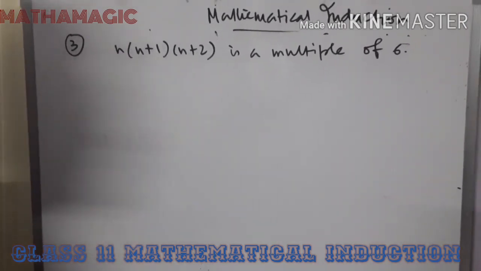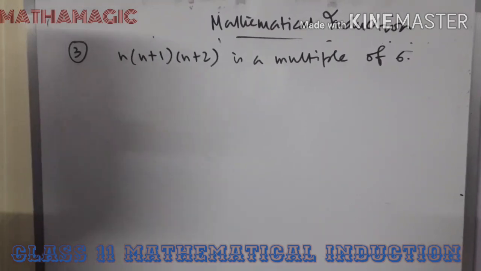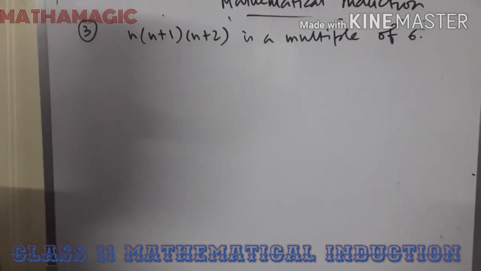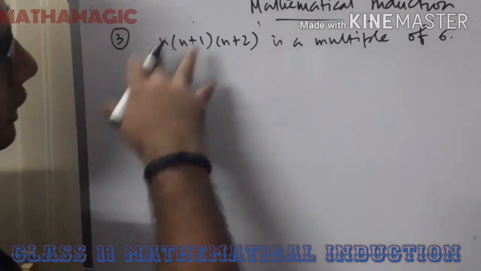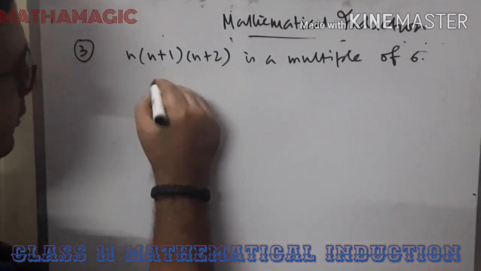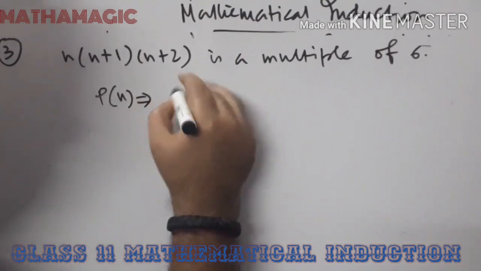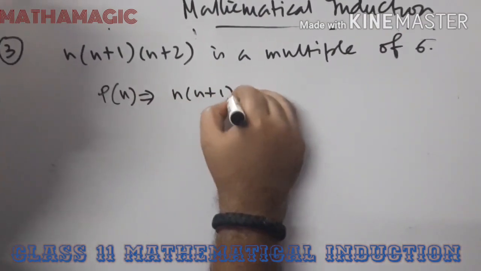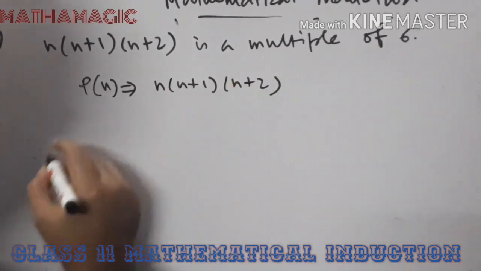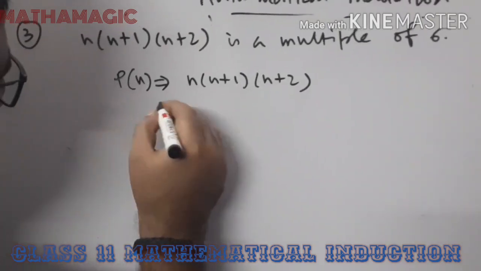So you can get problems where you have to prove that something is a multiple of 6, or you can get the problem as this number is divisible by 6. Both are the same. Now first of all, the step is P of n, which is n into (n plus 1) into (n plus 2).